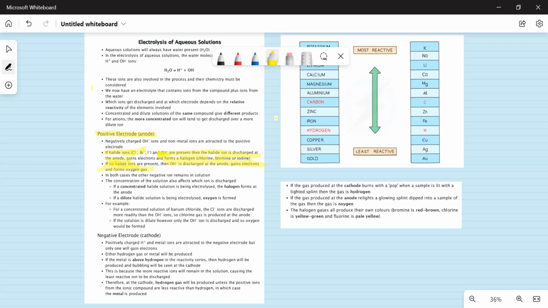It says if halide ions are present, those halide ions would be oxidized first. If not, OH minus ions are oxidized next.